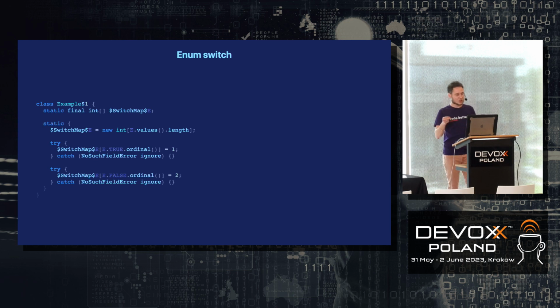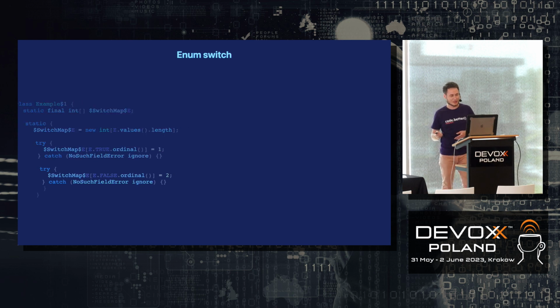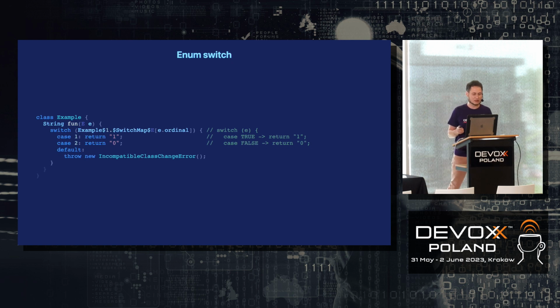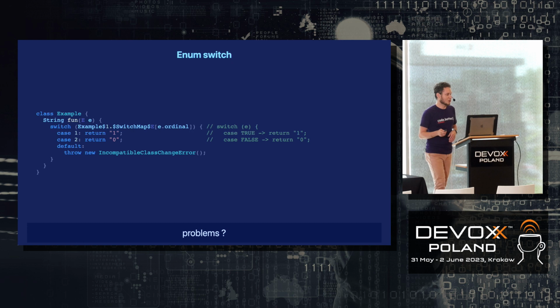special code which asks the current value of the ordinal of the enum constant and stores the mapping from the current runtime value to the mapping that the compiler observed while compiling the switch. This is wonderful. So here is how our switch actually looks under the hood. Are there any problems with this?